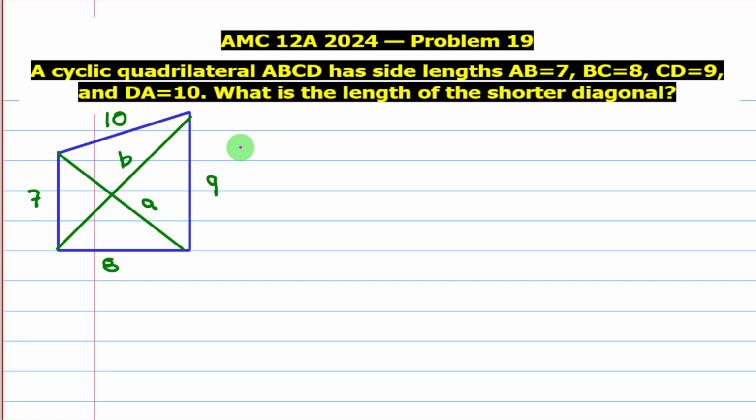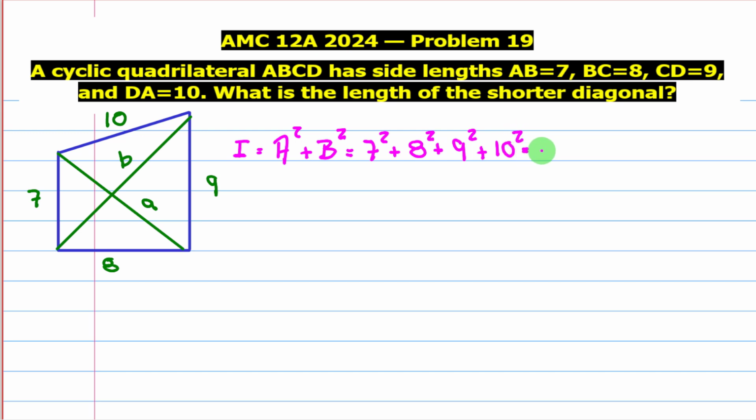So the first property says that A squared plus B squared is equal to 7 squared plus 8 squared plus 9 squared plus 10 squared.